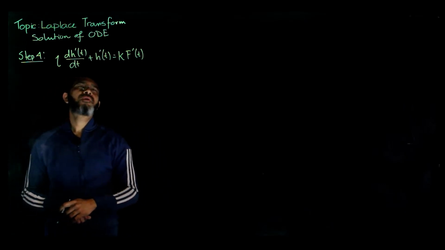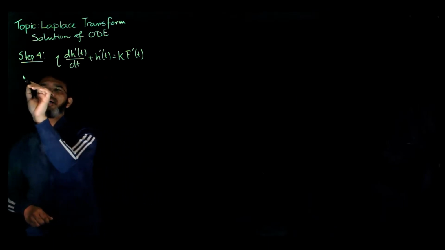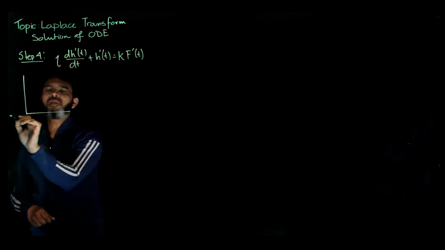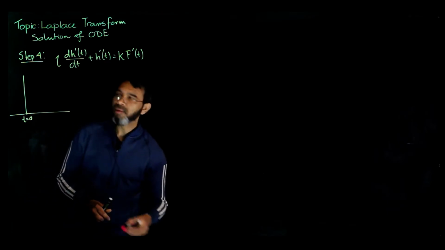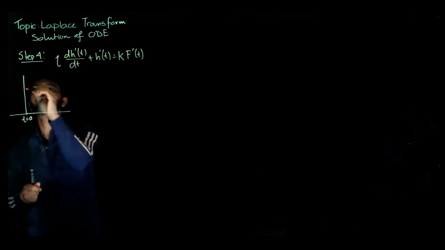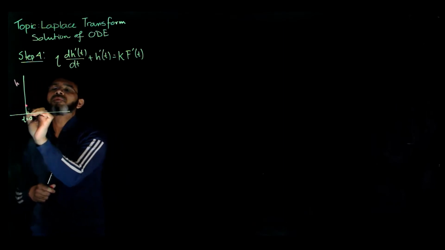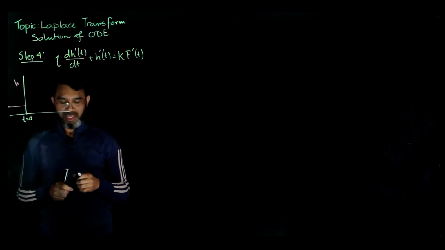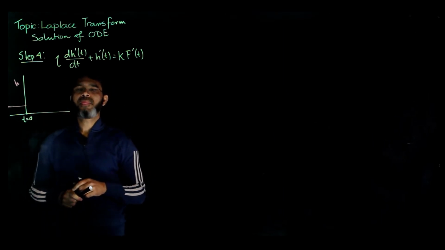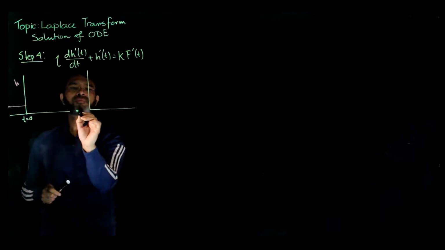If we are given the information that the level was at some value at t equals 0, so if we plot the level, that is h, it was initially at some value, whatever it is, and I want to see what the level will be if a change is made in the flow.